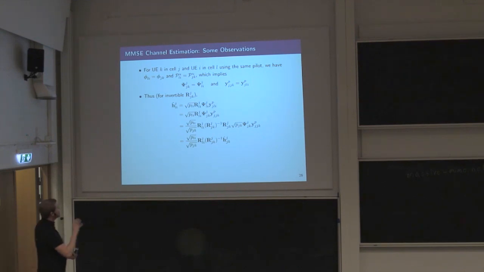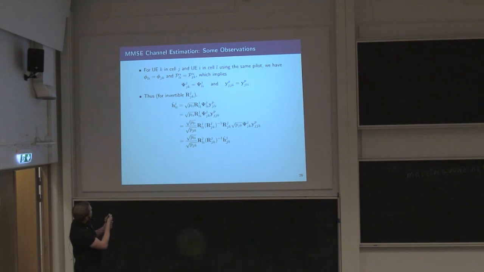If you look closely into this expression that I had, that would mean that this matrix with the inverse of the covariance matrix of the received pilot signal will be the same, and that the received pilot signal when multiplied with my pilot sequence is the same because you have the same pilot sequence.